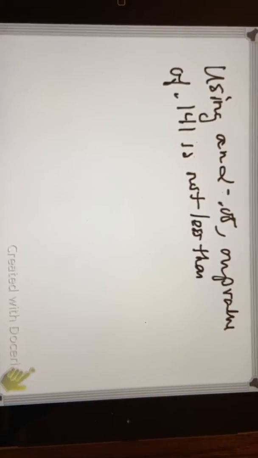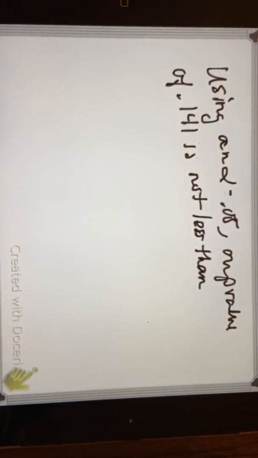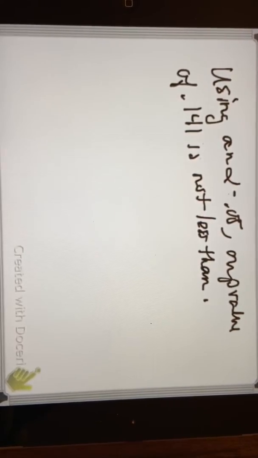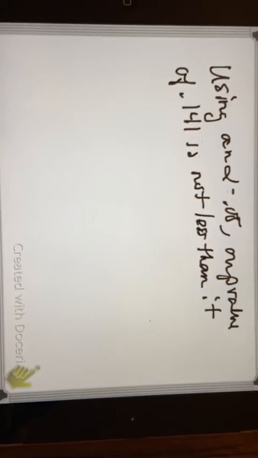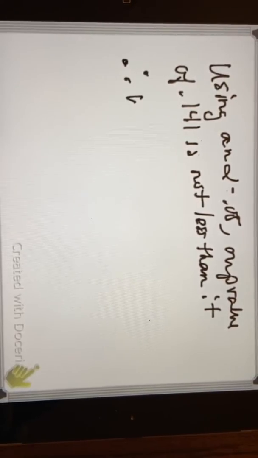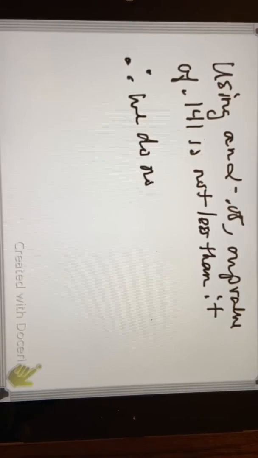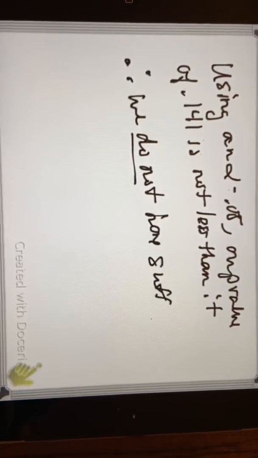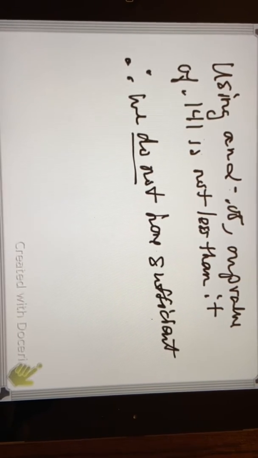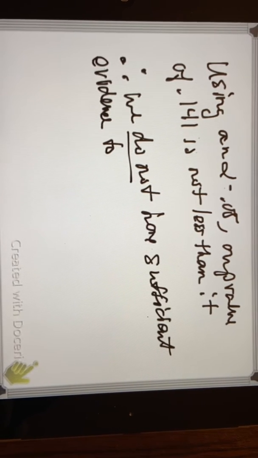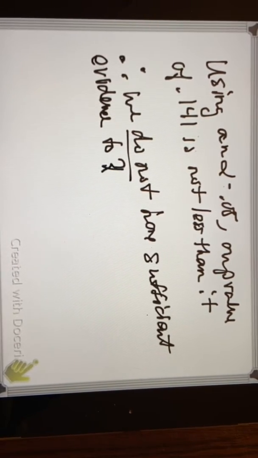So you can say that in words, or you can do what I did on the previous screen. You can show it like an inequality. So therefore, we do not have sufficient evidence to reject the null.